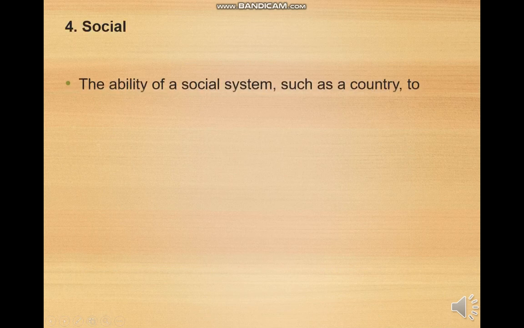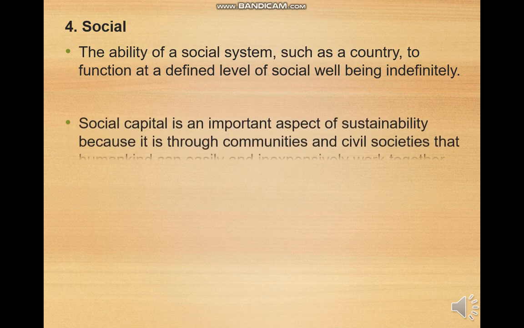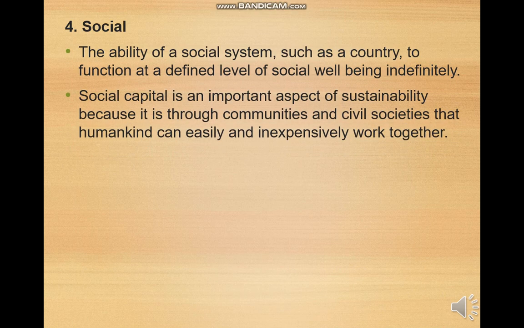4. Social. The ability of a social system, such as a country, to function at a defined level of social well-being indefinitely. Social capital is an important aspect of sustainability because it is through communities and civil societies that humankind can easily and inexpensively work together.